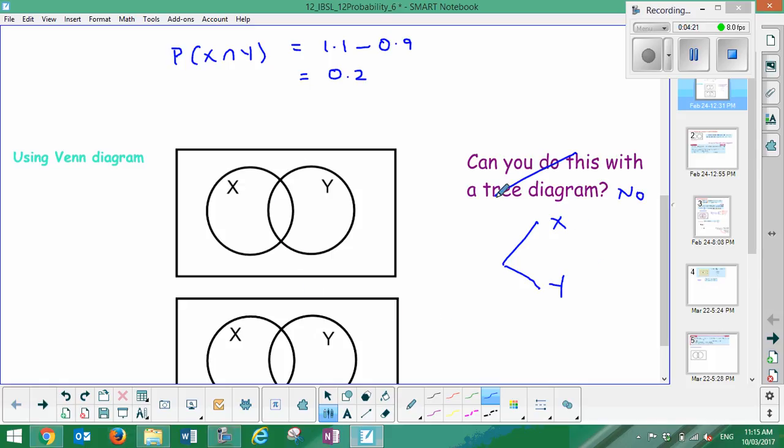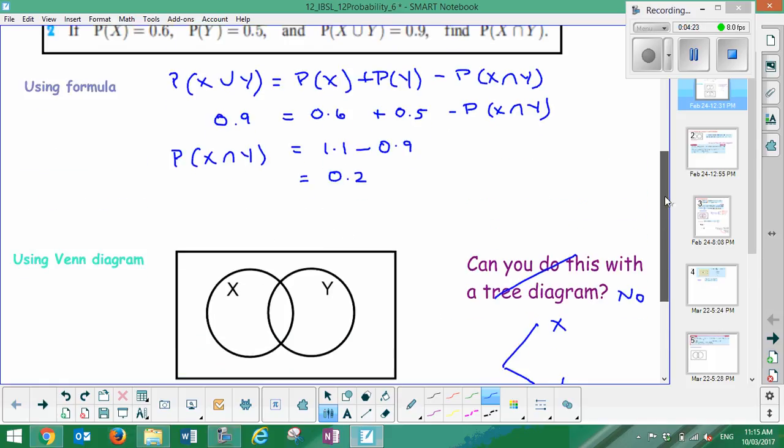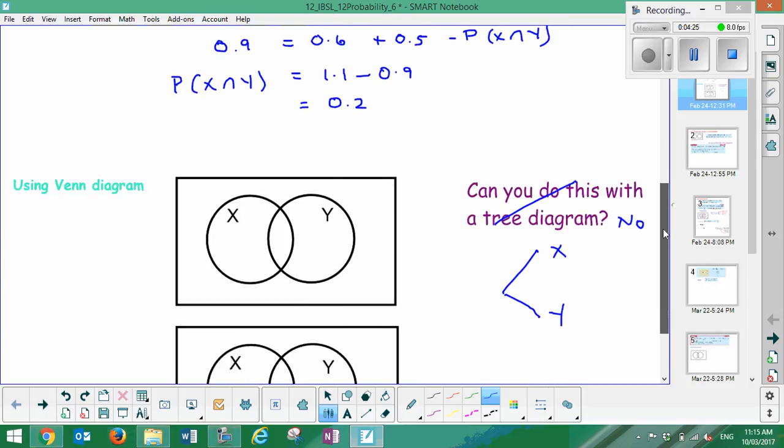So in here, let's just put this into a Venn diagram to make sure you're used to that. If we know the probability of all of X, nice round circle, is 0.6, and we know that all of Y, all around here, is 0.5.